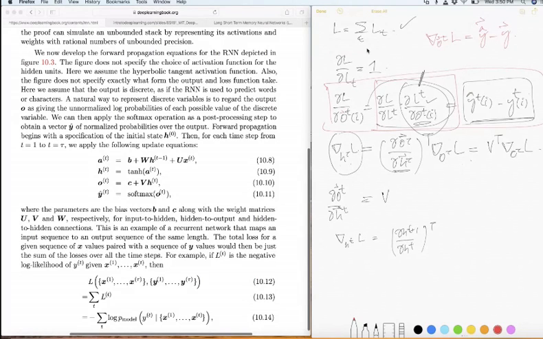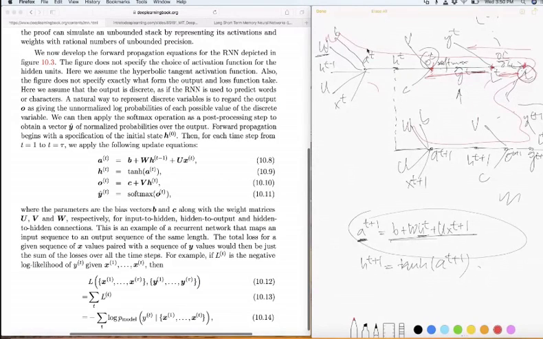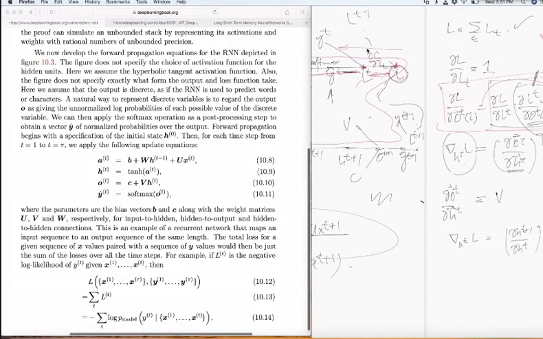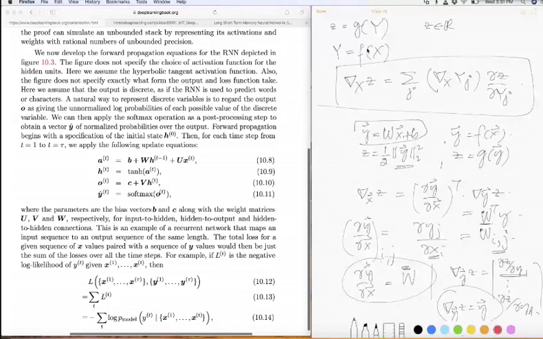Now I want to take it further back. I want to take the derivative of L with respect to HT. Since I have already taken the derivative of L with respect to OT, now let's go back one step further. Partial L by partial HT is exactly this gradient. We had this formula last time that we derived, so I go by the convention.